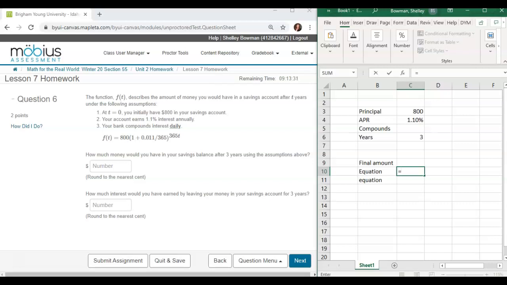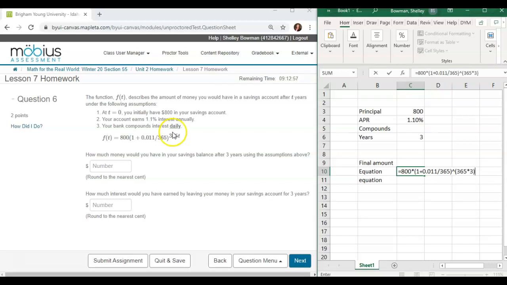Equals, and then we're going to type in 800 times, open parenthesis, because Excel doesn't know what to do here, 1 plus 0.011 divided by 365, close parenthesis, and raise, that's shift 6, open parenthesis, because I need both 365 and t being in the exponent, 365, and then multiply this by t, which they've given us is 3 years, and then close the parenthesis.